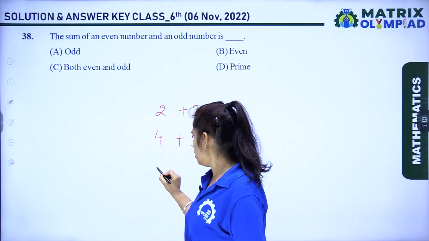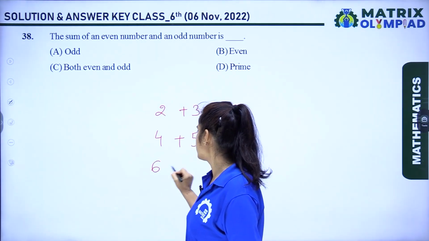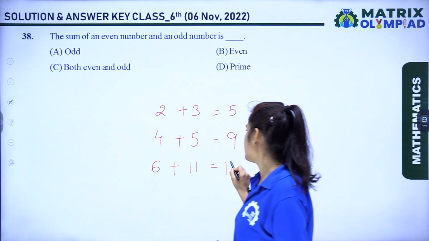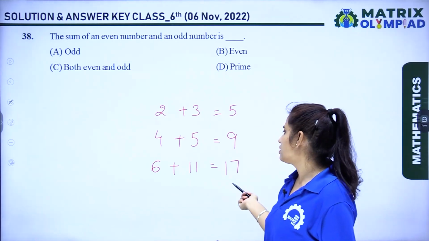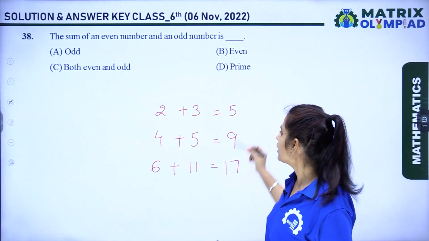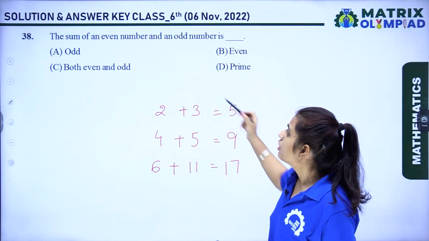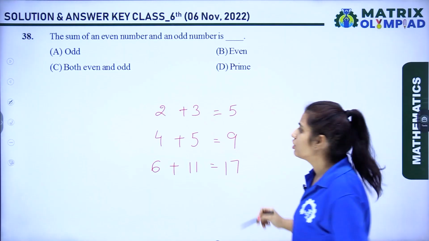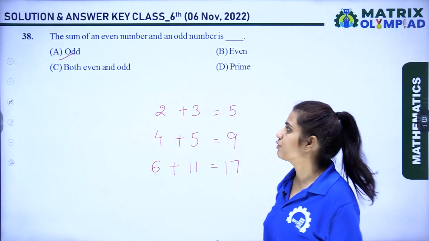Let's take one more example. Let it be 6 plus 11. So here the sum is 17. So by observing these results, we can say that the sum of an even number and an odd number is odd. So here option A is the correct answer.